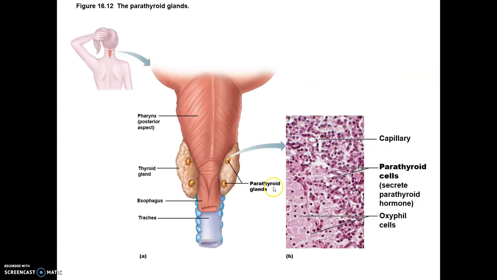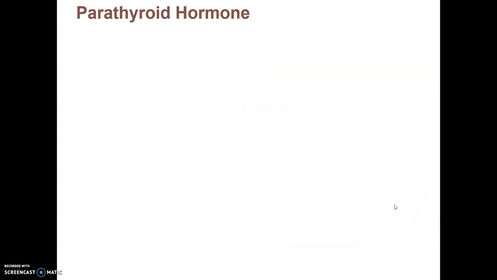So see, these are the parathyroid glands. There are 2 pairs and they are located on the posterior surface of the thyroid gland. Now see, these are the oxyphil cells and these are the chief cells. Chief cells secrete parathyroid hormone.